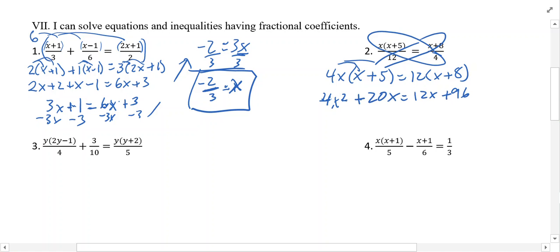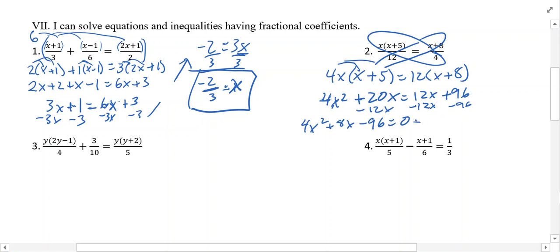All right, so now since I can see that this is a 4x squared and there's no other x squared, it means it's going to end up as a trinomial. So I need to set this equal to 0. So I'm going to subtract 12x from both sides, and I'm going to subtract 96 from both sides. So that's going to leave me with 4x squared plus 8x minus 96 equals 0.